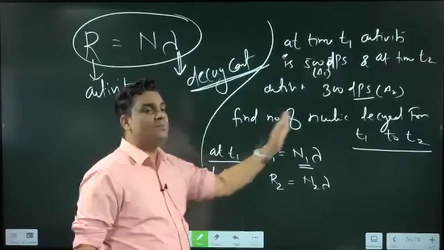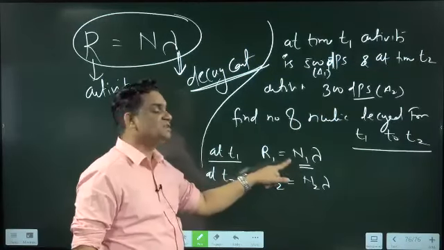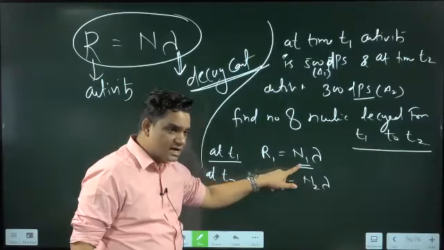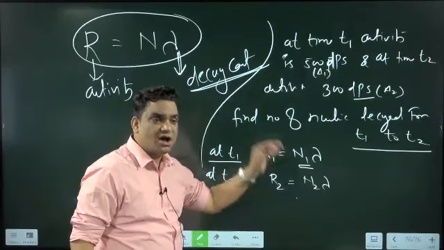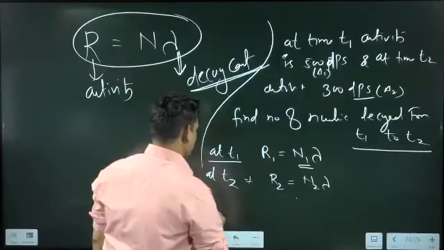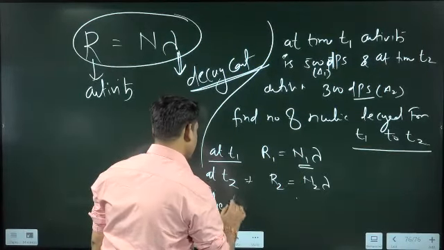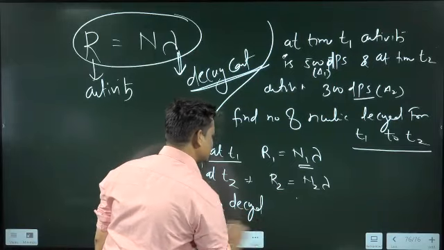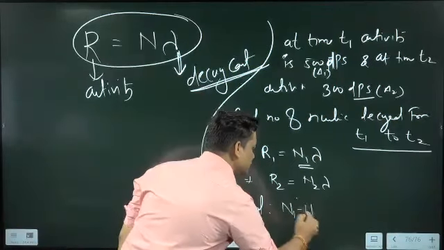So here N1 nuclei are there, now N2 nuclei are there, how many are decayed? N1 minus N2.